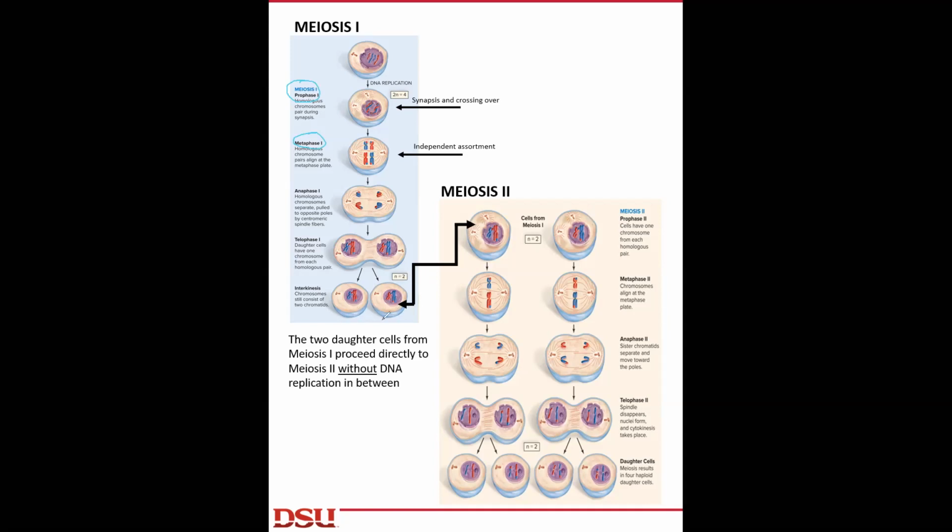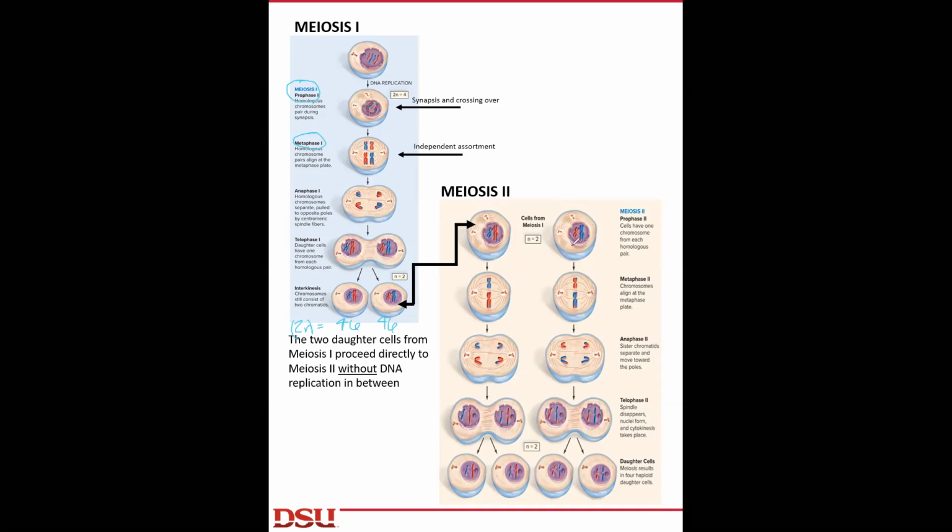In this case, it's saying N equals 2 because it's only showing 2 chromosomes. In humans, what we're looking at is each of these having 46, right? It's 2N diploid number. These 2 cells then come out of meiosis 1, and here they are in meiosis 2.